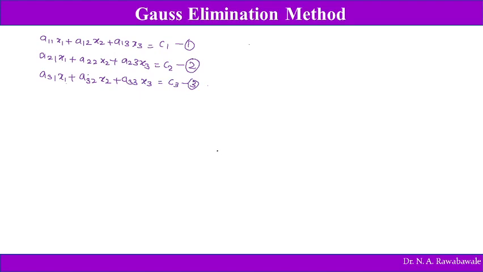Now these three algebraic equations are solved in such a way that they are reduced to an upper triangle, in the sense that if we take the coefficients, that is a11 a12 a13, a21 a22 a23, a31 a32 a33, this is reduced to the upper triangle. So the values below the diagonal are reduced to 0.